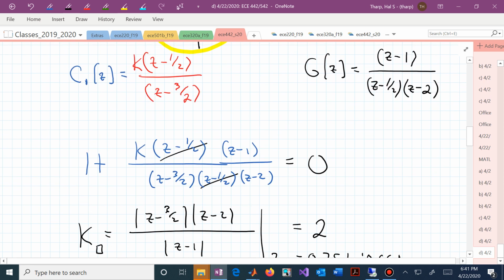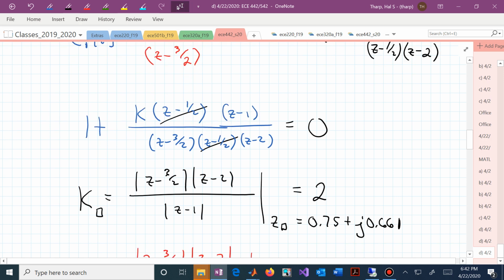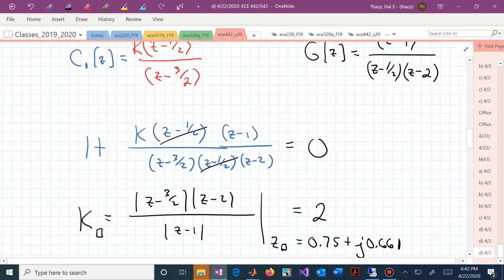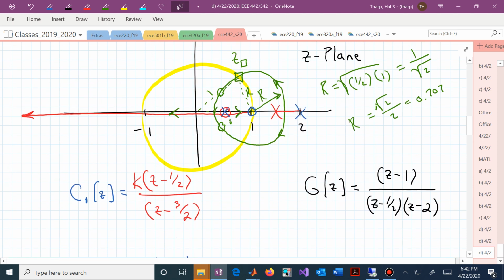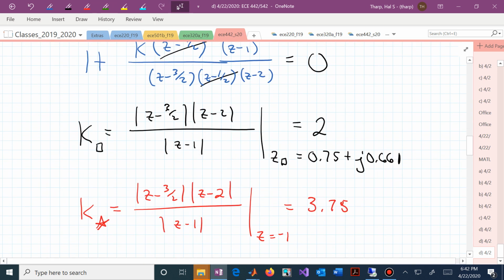And if we calculate the gain at that z square, we end up with the gain to get us stable being at 2. We just keep going, and eventually we see that if we crank up the gain enough to get us to the star, then we will start to become unstable, and that's just now computing the gain at z equal to -1.